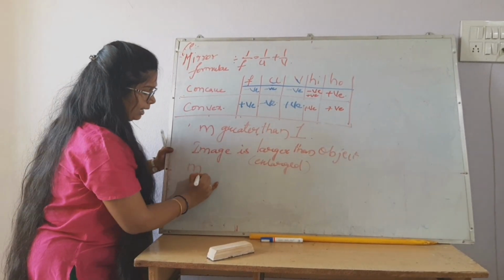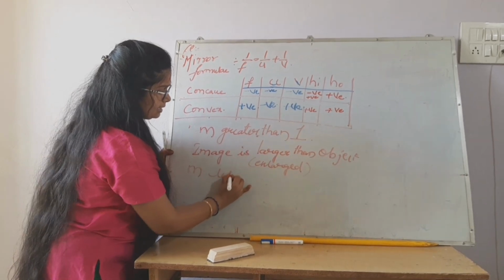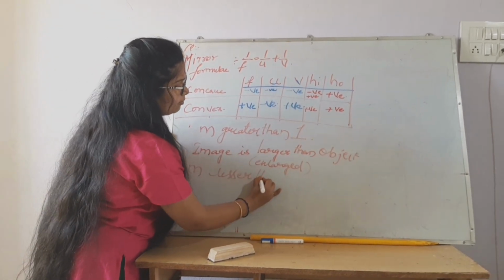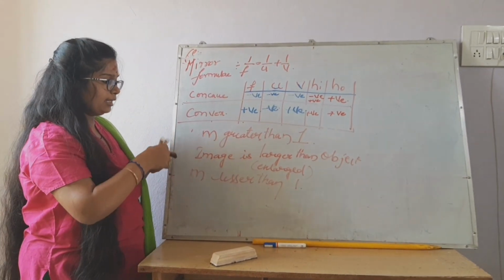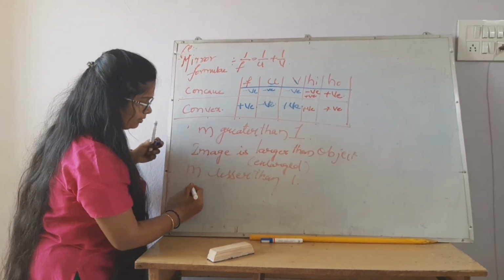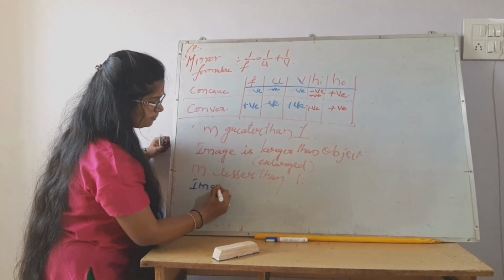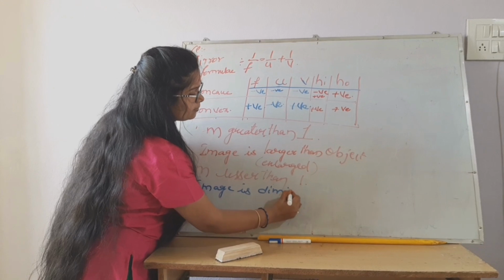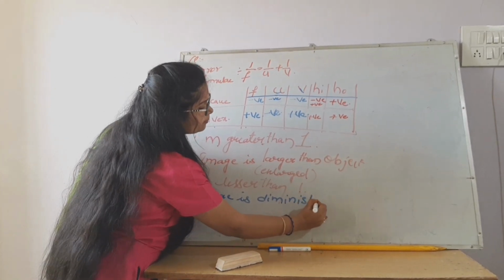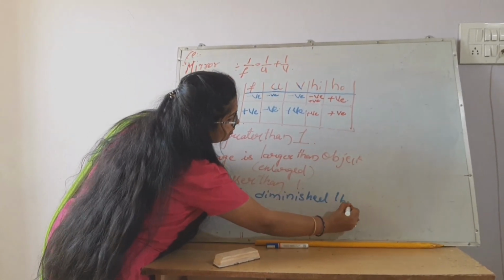If M magnification is lesser than 1, then the image is diminished, means smaller than the object.